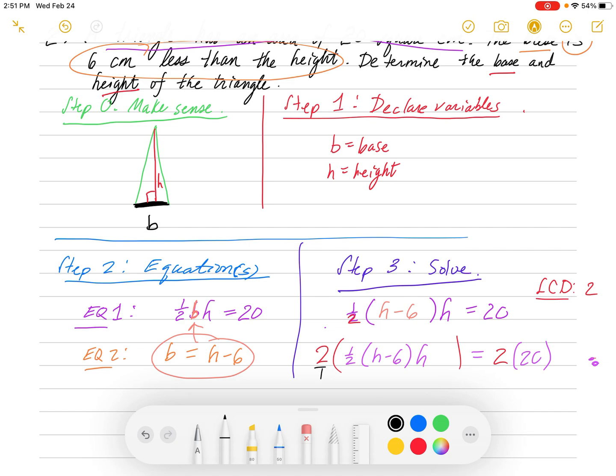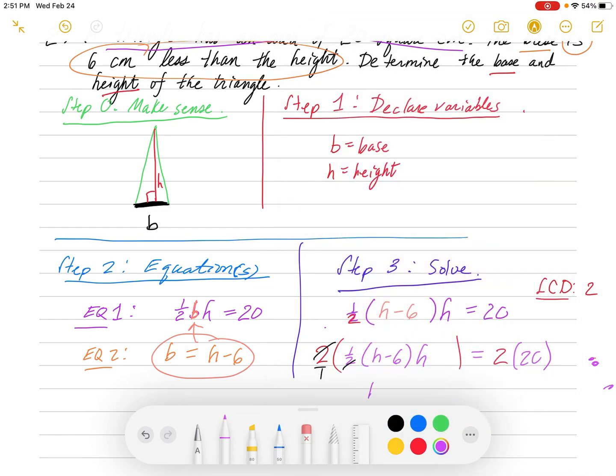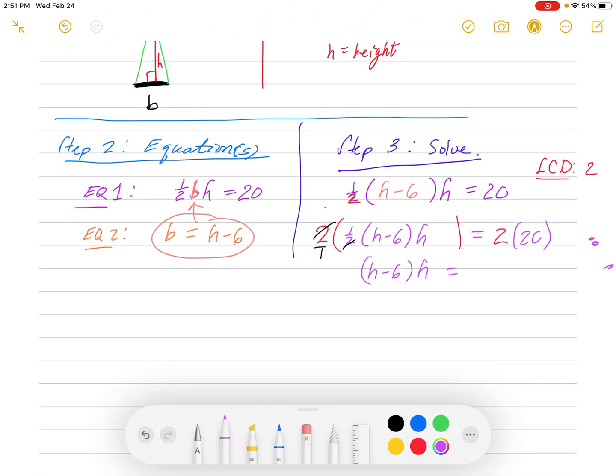So on the left side, realize that this is 2 over 1. So this 2 on top cancels with this 2 on bottom. We'll just have h minus 6 times h equals, and on the right side, 2 times 20. 2 times 20 is 40.